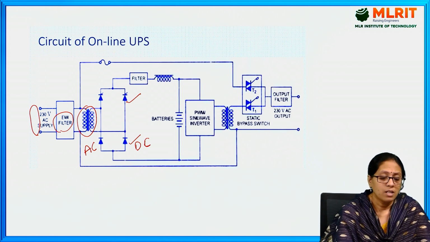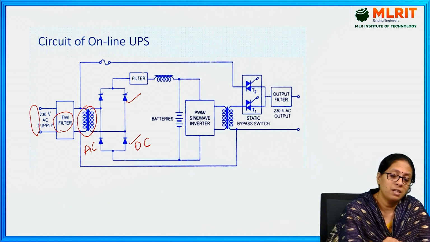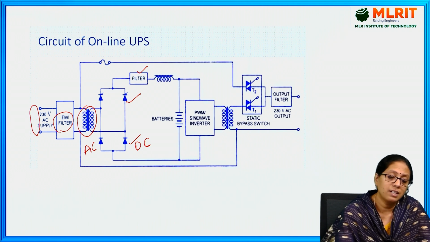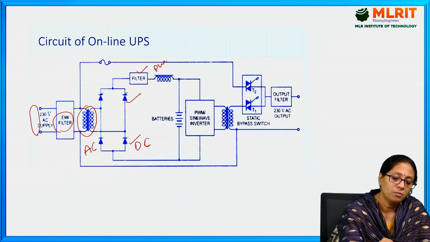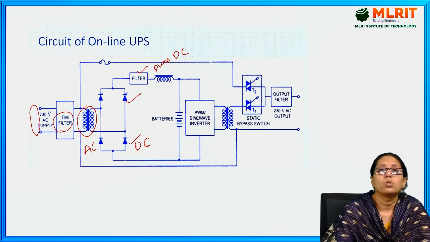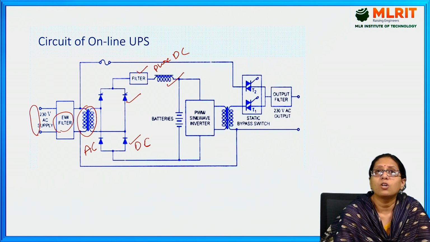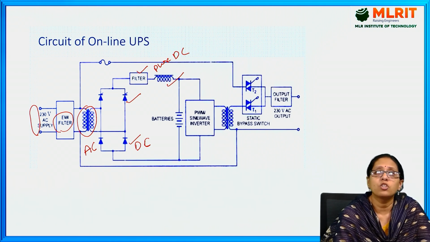This pulsating DC is again connected to a filter, and this filter converts the pulsating DC to pure DC. The filter can be an inductor filter or a capacitor filter or a combination of both.